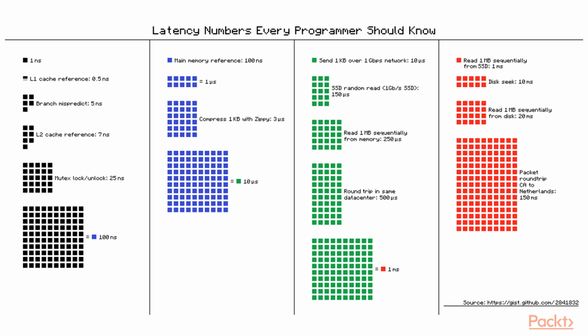On top of that, branching, essentially going from one piece of code to another based on a conditional, what you might have with an if or an else or a case statement, can be very, very slow if not predicted by the CPU. So a branch mispredict can actually take 5 nanoseconds, which can be sometimes on the order of about 100 clock cycles or so.